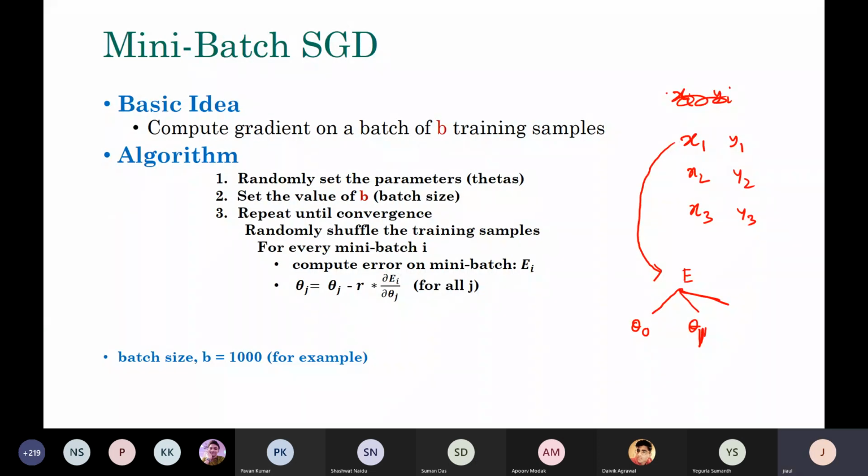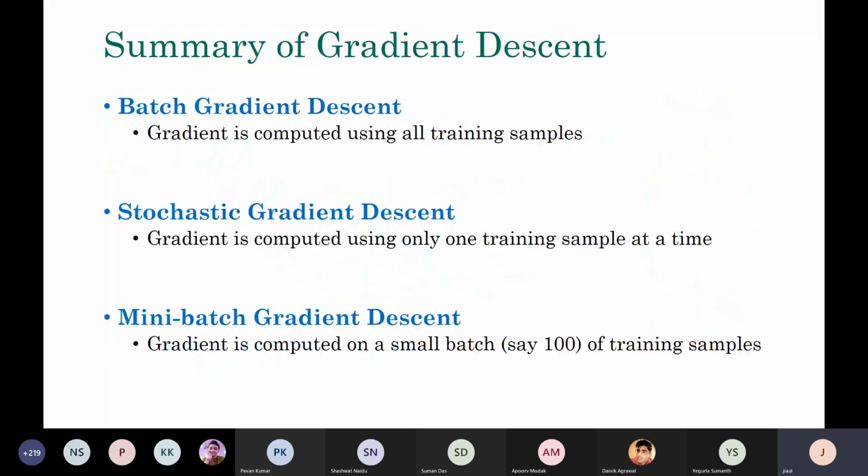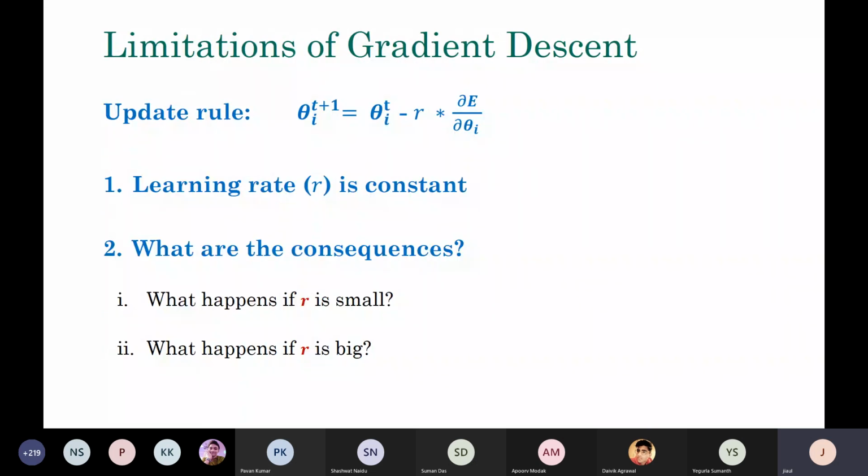All right, so let's move forward. Now the question is, what are the limitations of the gradient descent that we saw so far, even if you consider something like mini batch? One of the main things in this case is the learning rate, which you kept constant throughout your iterations and the whole process.